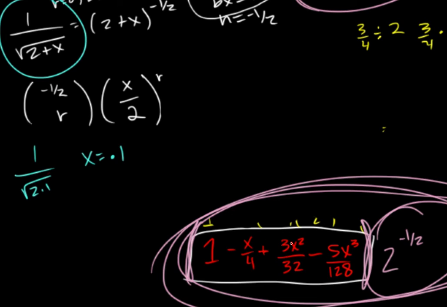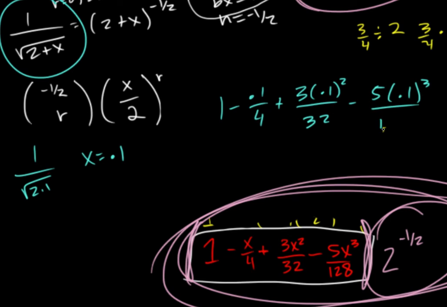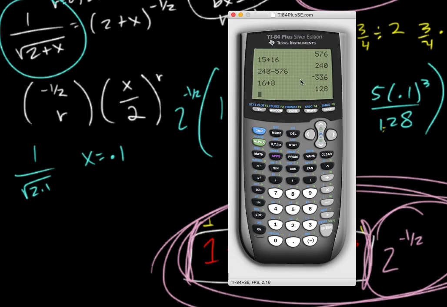So we're going to plug in 0.1 for this thing. So we're going to say 1 minus 0.1 over 4 plus 3 times 0.1 squared minus 5 times 0.1 cubed. And then all of that needs to be multiplied by 2 to the negative 1/2.